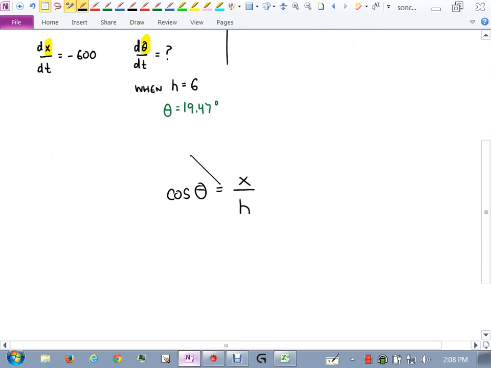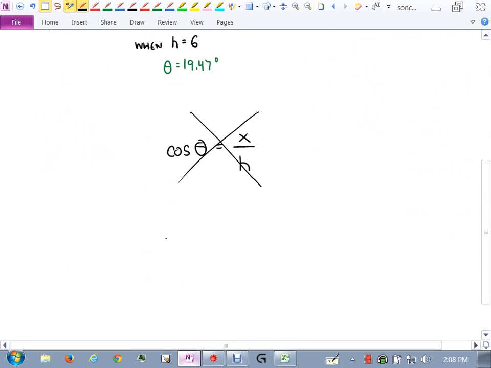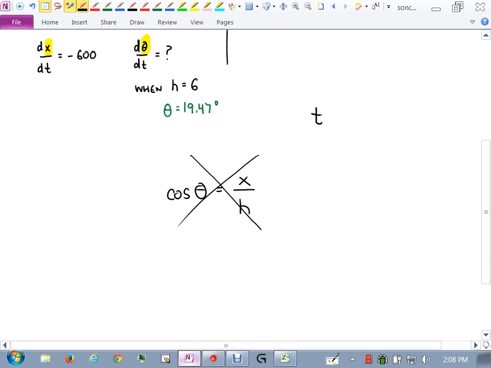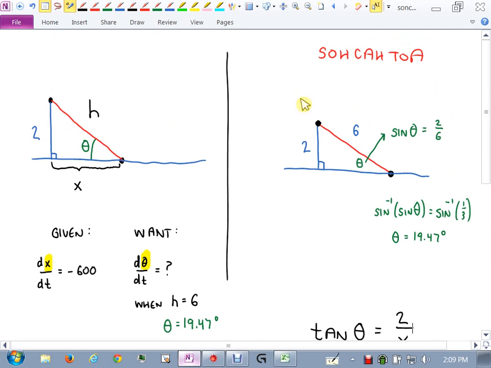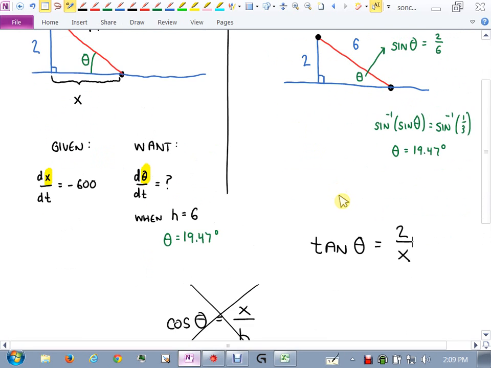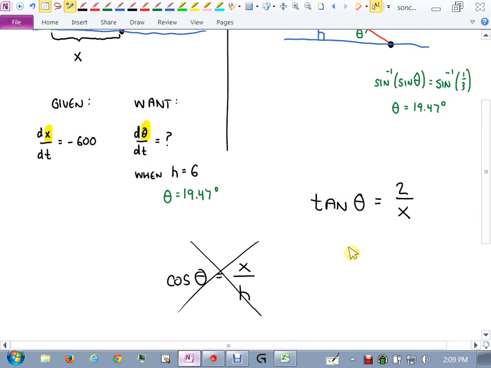So instead of this, because I don't want that h in there, I'm going to say tangent theta is equal to 2 over x. Opposite over adjacent, TOA, or trip on acid. There's my equation.